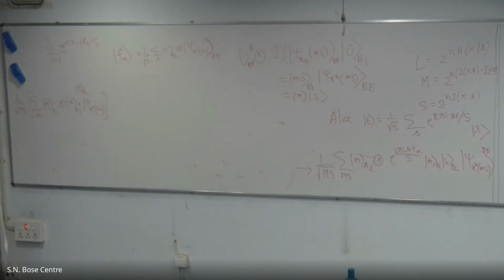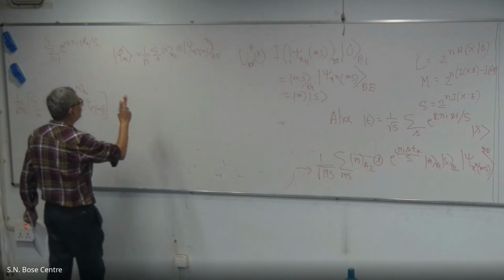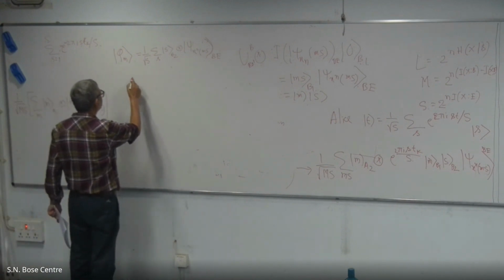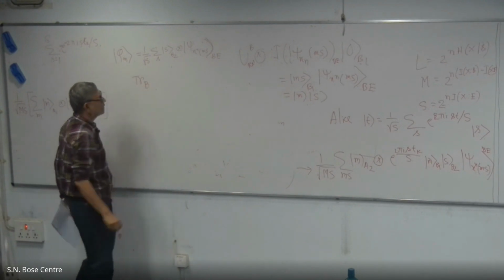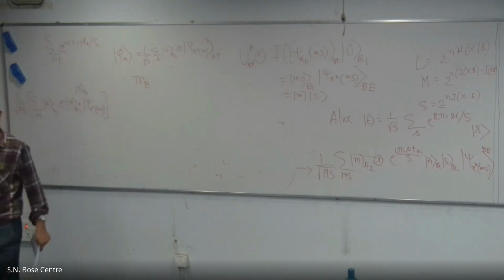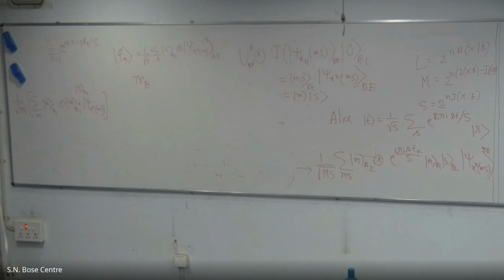Now, this state has a nice property: if you trace out most of the part, then what will you have? What will it be for B? Trace out B. This comes to privacy amplification.